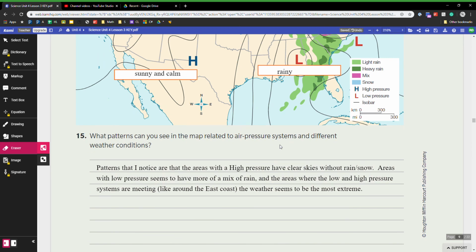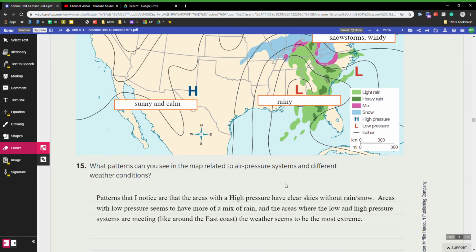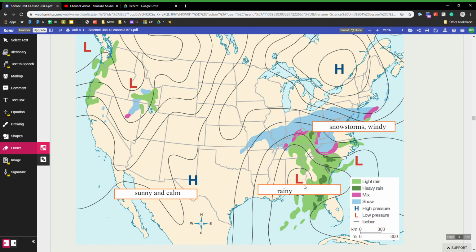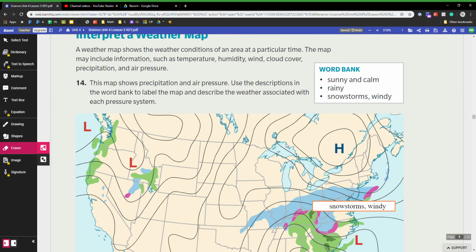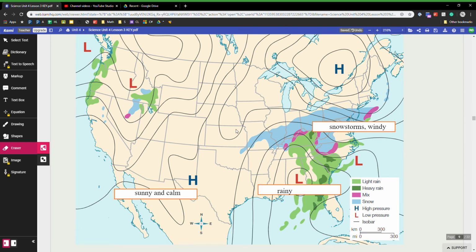A pattern you should be noticing is that there's rainfall around the L's, the low pressure systems, and around the high pressure systems it's clear and not a lot going on.